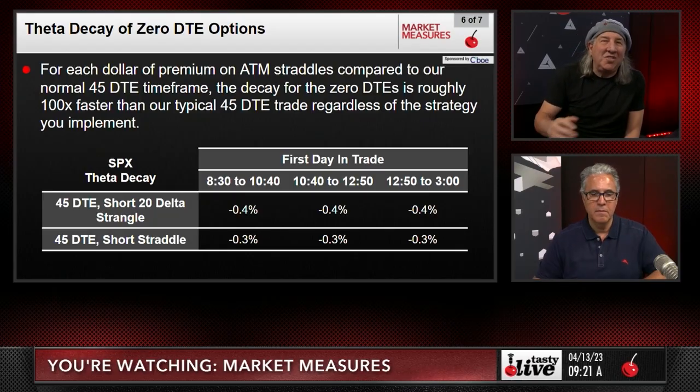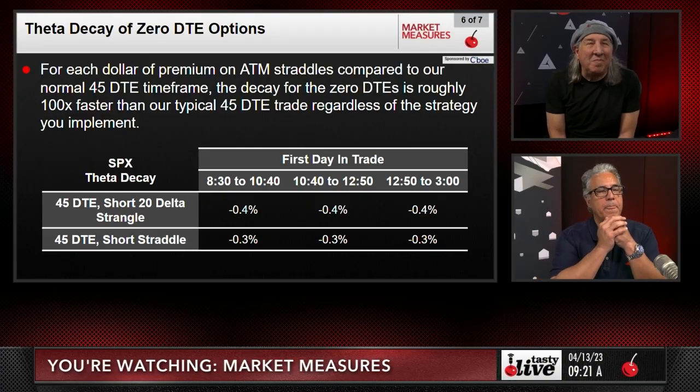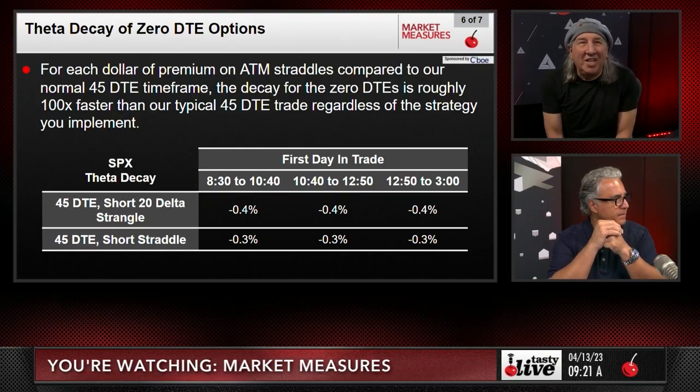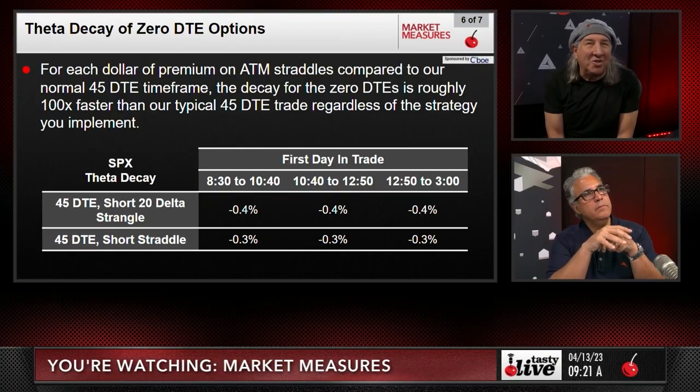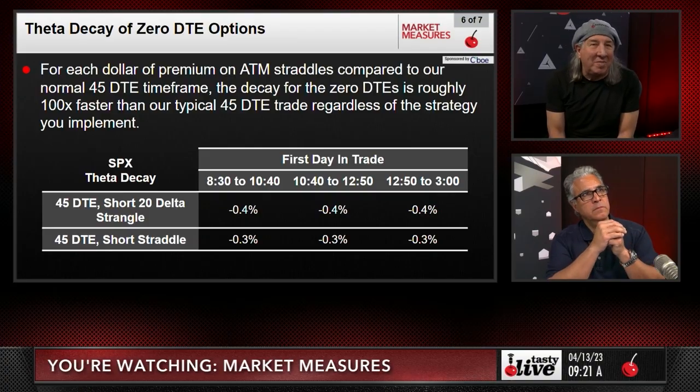So here's something really interesting. For each dollar of premium on at-the-money straddles compared to our normal 45-day time frame, the decay for 0 DTE options is roughly 100 times faster than our typical 45-day trade, regardless of the strategy that you implement.